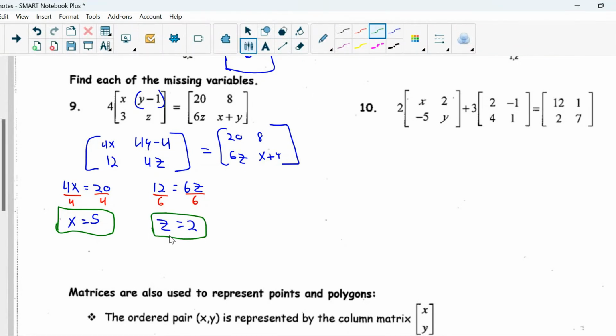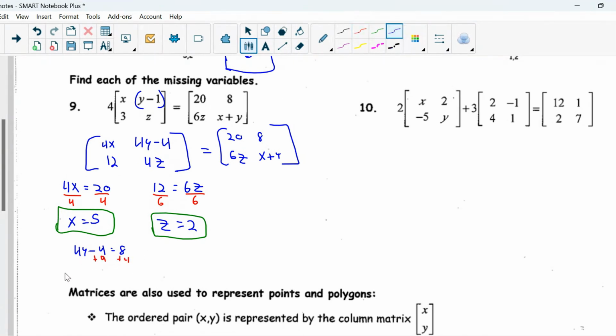Okay? Our final variable to solve for would be y. I do believe that our easiest element to solve for y would be this one in row 1, column 2. So let's take 4y minus 4 equals 8. Go ahead and add your 4.